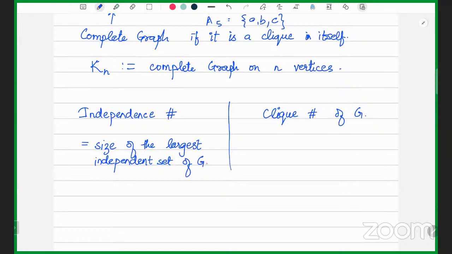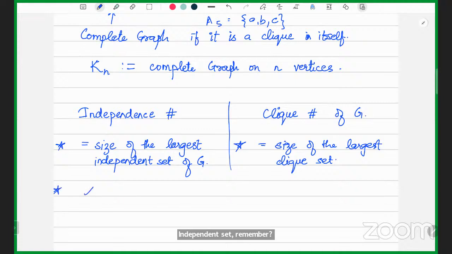And this one is the size of the largest clique set. Independent set, remember, was nothing at all in terms of edges, only vertices.